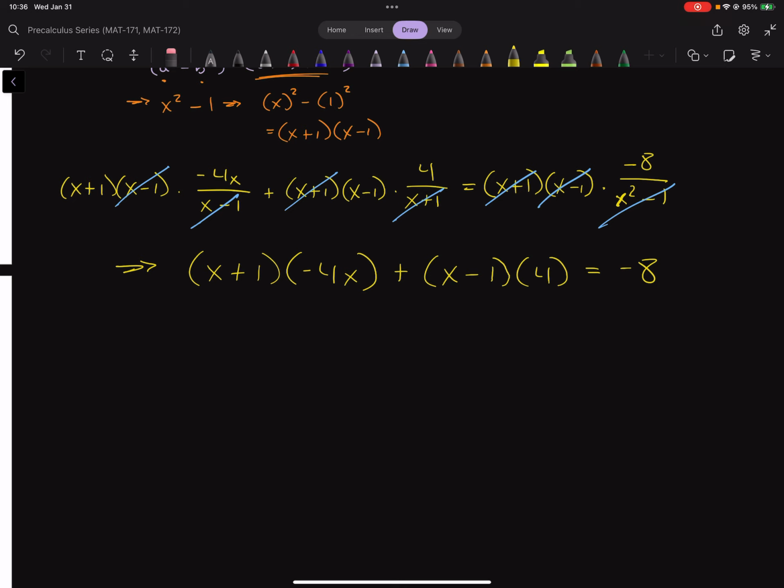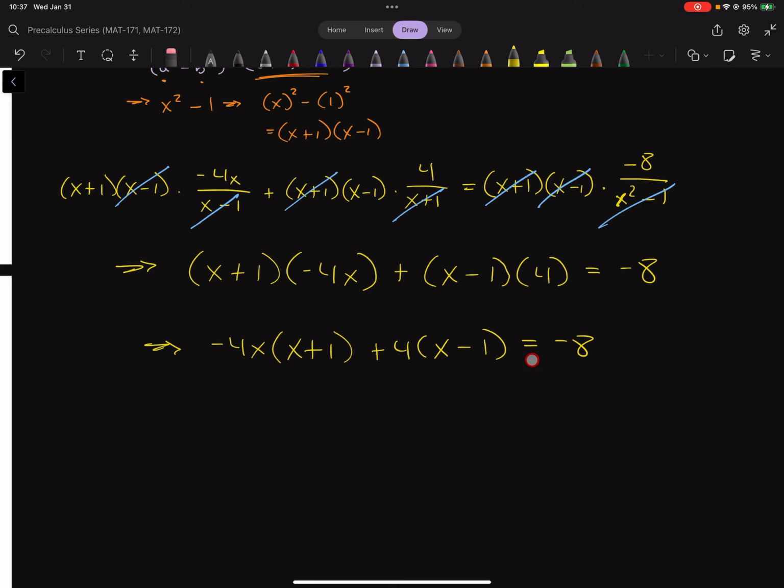Now, you can rearrange it if you want. I'll go ahead and rearrange it just so that it looks a little nicer on the eyes: plus 4 times x minus 1 is equal to negative 8. But you could just distribute backwards, if you will, and you don't have to rearrange it like this.